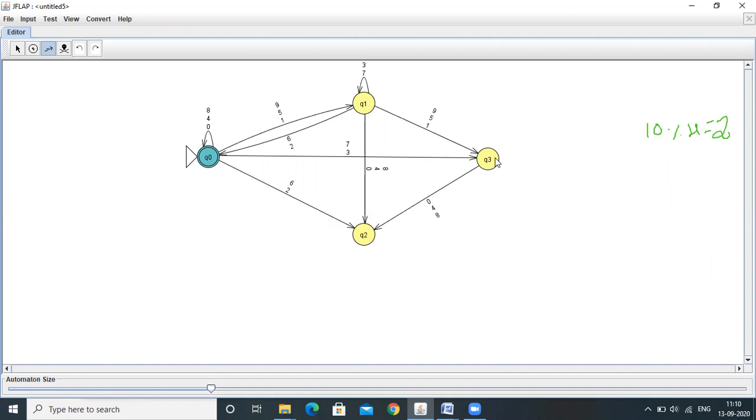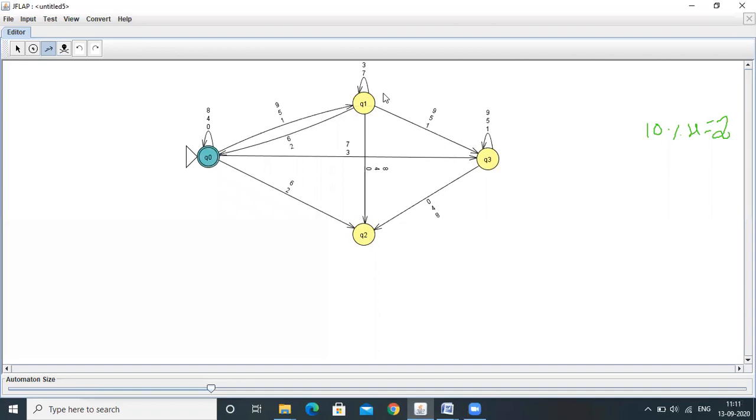Q3 on 1: already 3 is there, so it becomes 31. 31 modulo 4, remainder is 3 only. So that set will not change, same for 5 and 9.